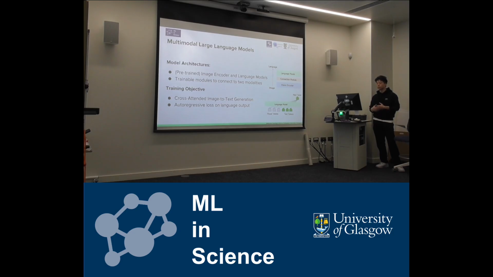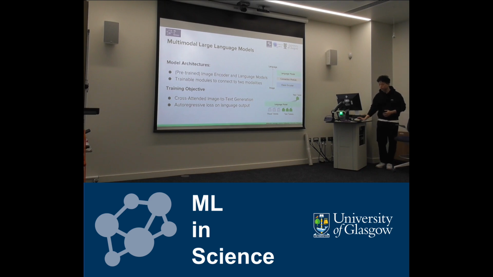So that is why we also need a connector, or you can say an adapter component, just mapping the visual patch representation into the hidden space of the large language model, to align their dimension, so the model can process them together or simultaneously.